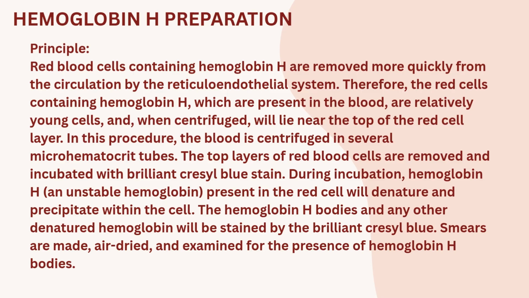The top layers of red blood cells are removed and incubated with brilliant cresyl blue stain. During incubation, hemoglobin H present in the red cell will denature and precipitate within the cell. The hemoglobin H bodies and any other denatured hemoglobin will be stained by the brilliant cresyl blue. Smears are made, air dried, and examined for the presence of hemoglobin H bodies.